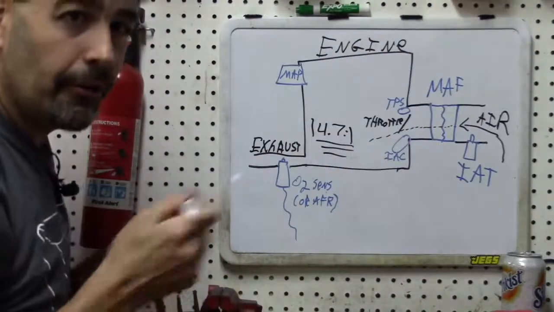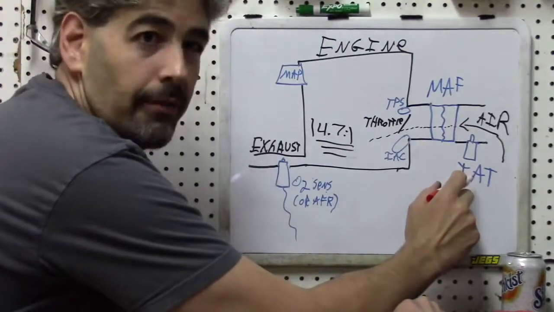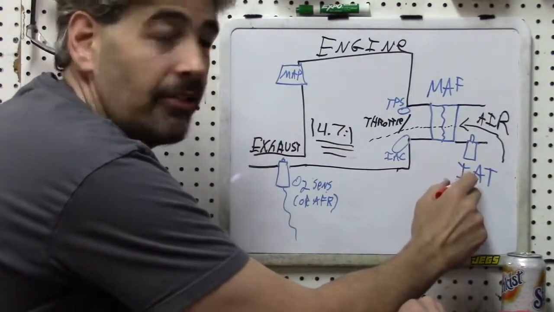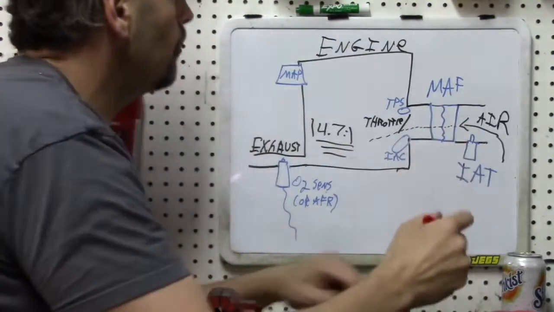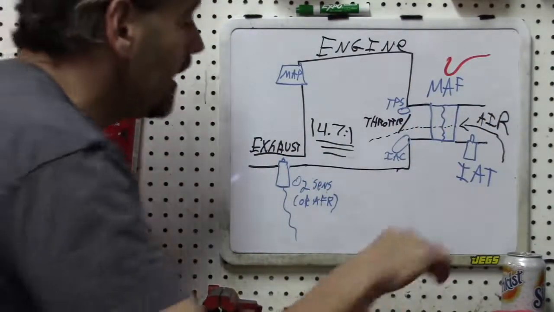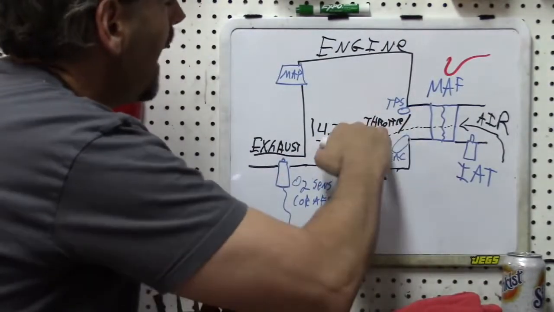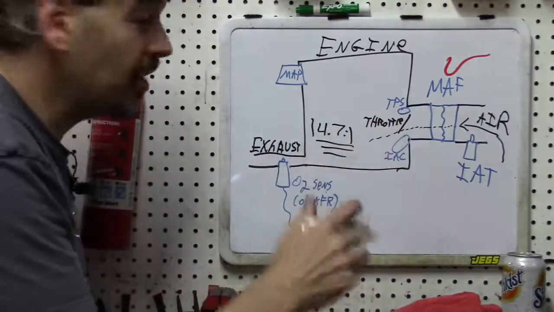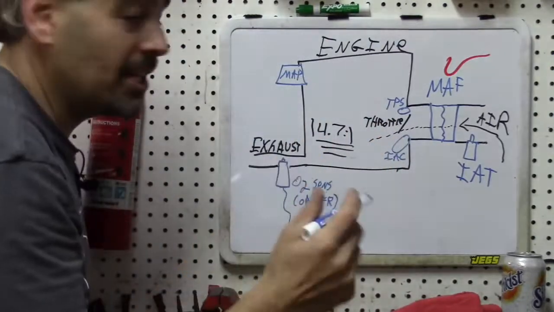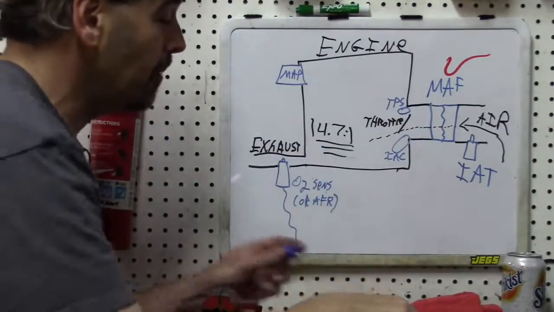So for a brief review, the air comes in, the temperature of the air measured by the IAT, or intake air temperature sensor, goes through the MAF, whose operation we will describe quite extensively in this video. When the air comes past, the throttle position is noted by the engine computer. All of these in blue connect to the engine computer.